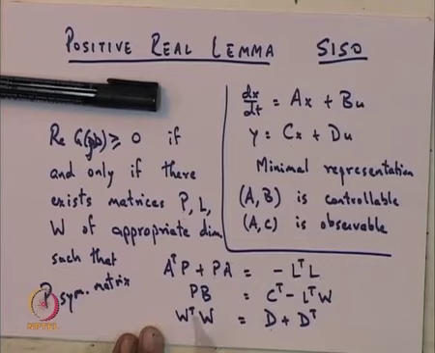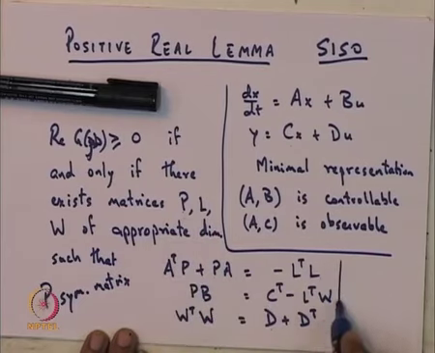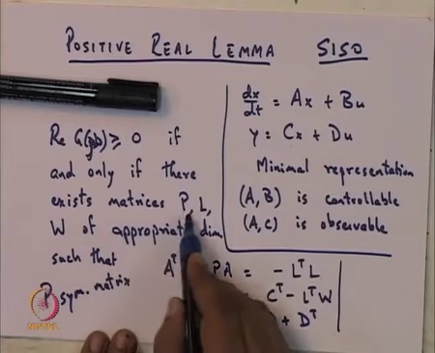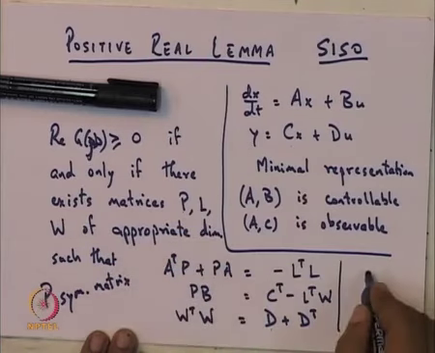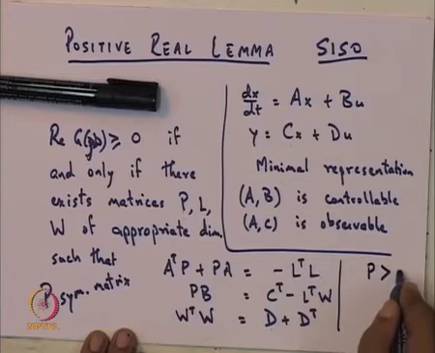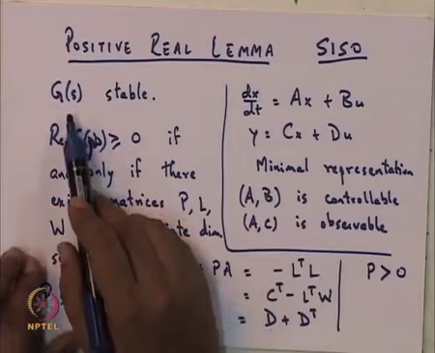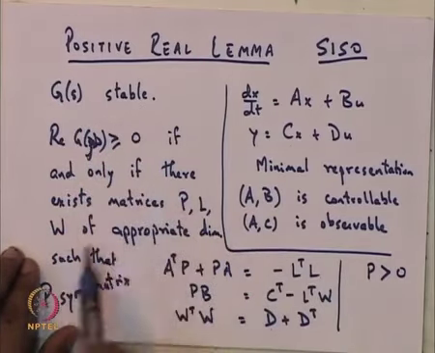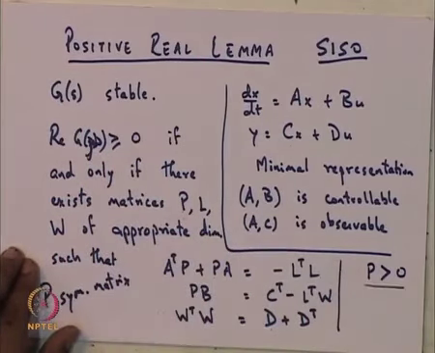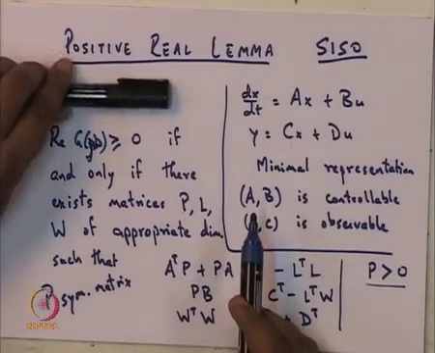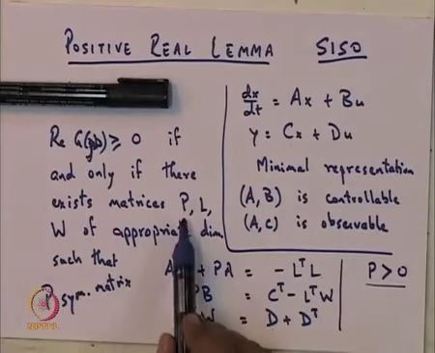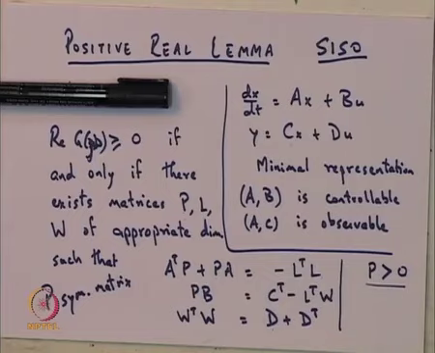Okay, so there is one more condition that I need to add, which is there exist matrices P, L and W with P being positive definite. Now, if the condition G S is stable is put in, then this P is positive definite, but if this condition is not put in, then this P is not guaranteed to be positive definite.